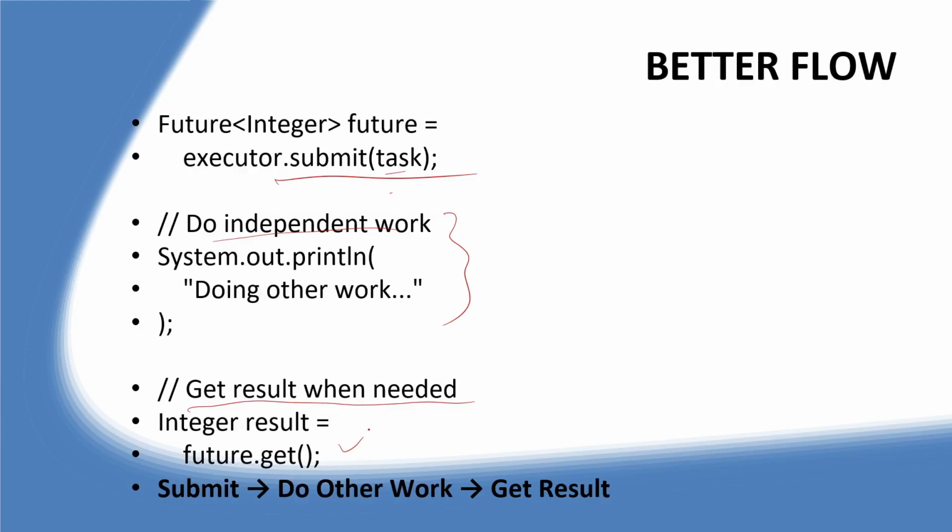A useful principle is: do not call get earlier than necessary. Only when the requirement comes and you want to use the result, then call the get method. This was a better flow for calling the get method.